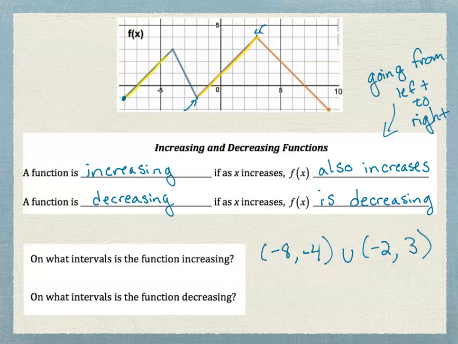Well, it's going down here and here. So we would say that it is decreasing from -4 to -2, and it stops decreasing, and then it continues decreasing at 3 until 10.